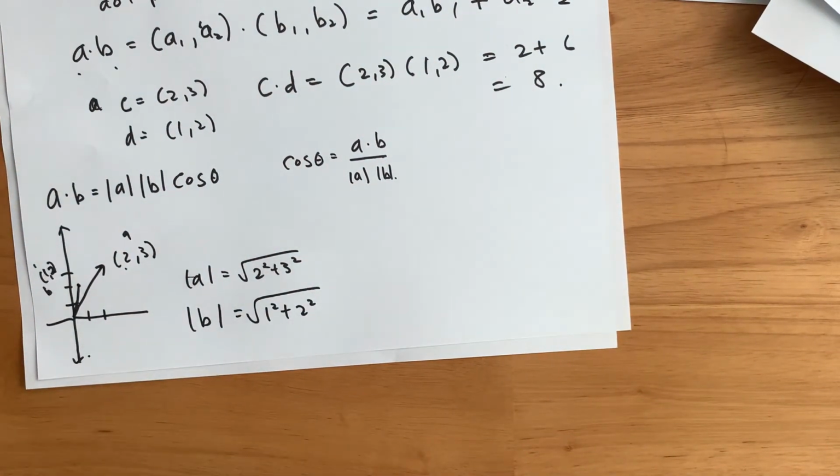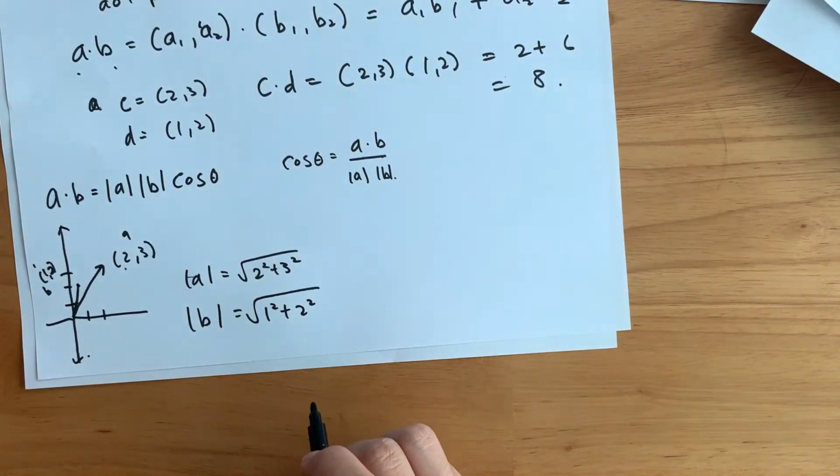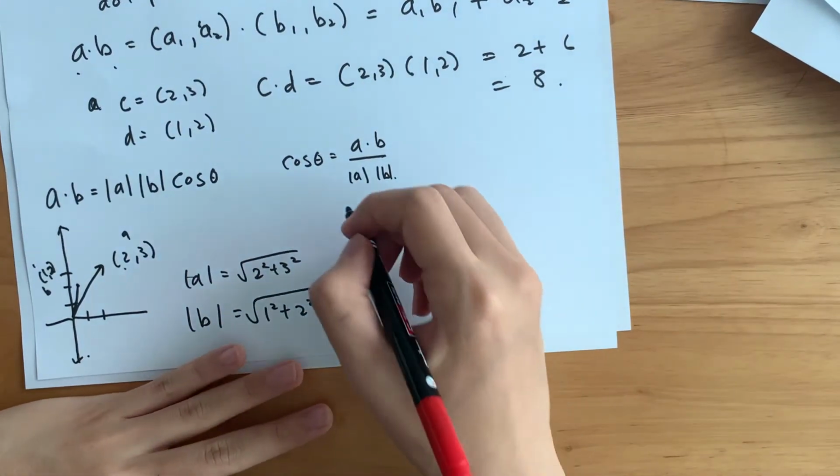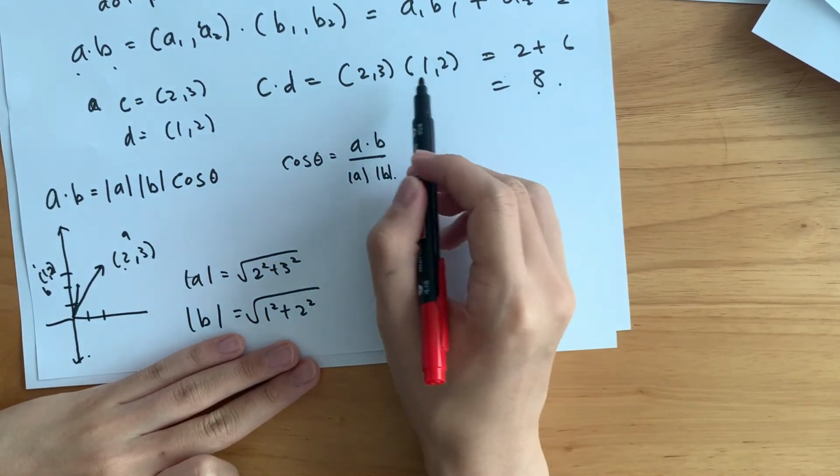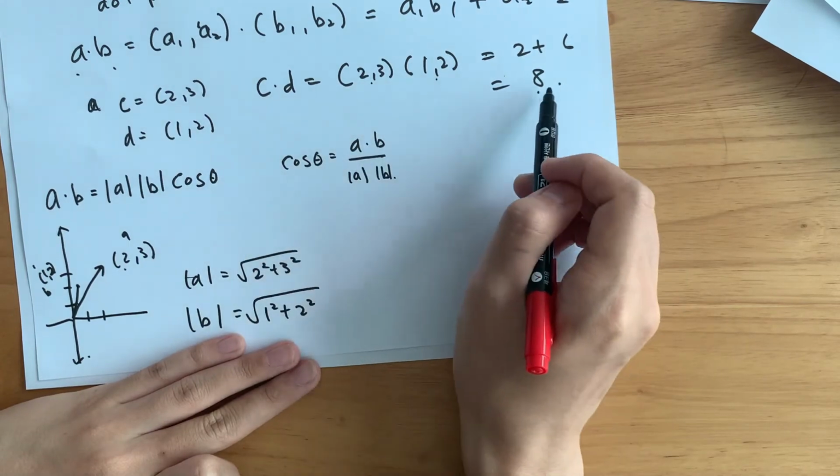Then we found that the dot product of (2, 3) and (1, 2) is 8.